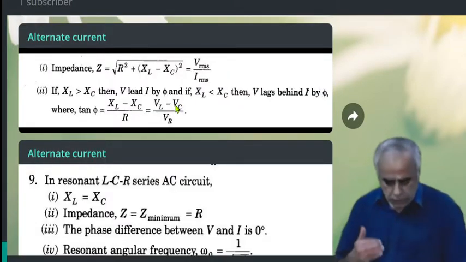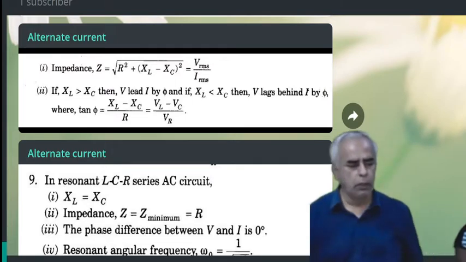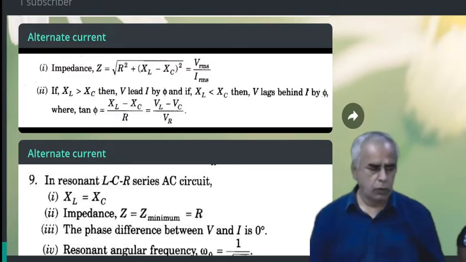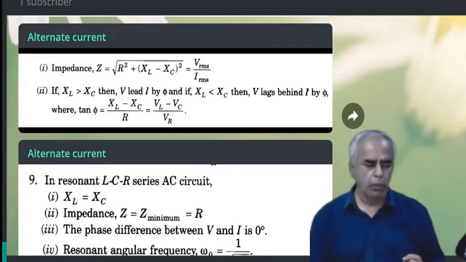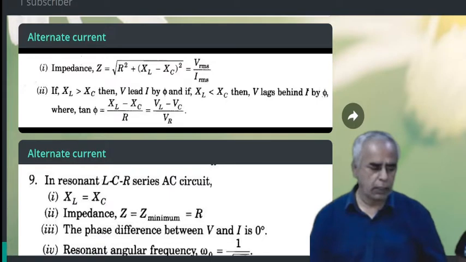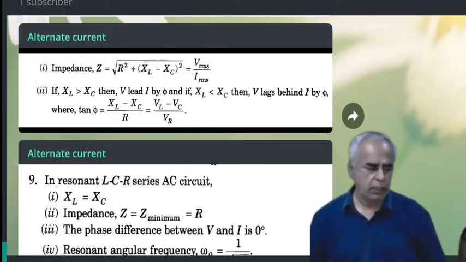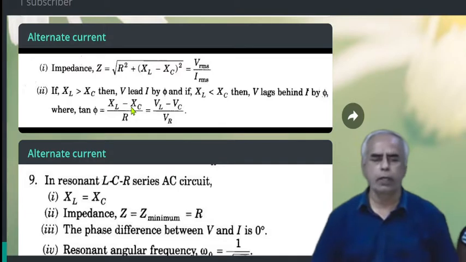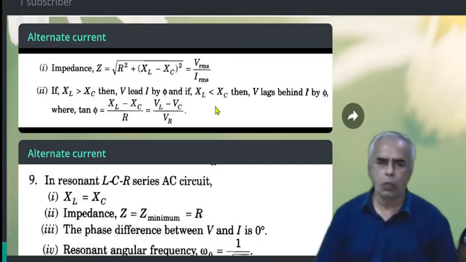Impedance. In this case we have included resistance, capacitor and inductor. So in that case we have to introduce here R, XL. What is XL? Inductive reactance. And what is XC? Capacitive reactance. So Z is equal to the whole square root of R squared plus XL minus XC, the whole square.